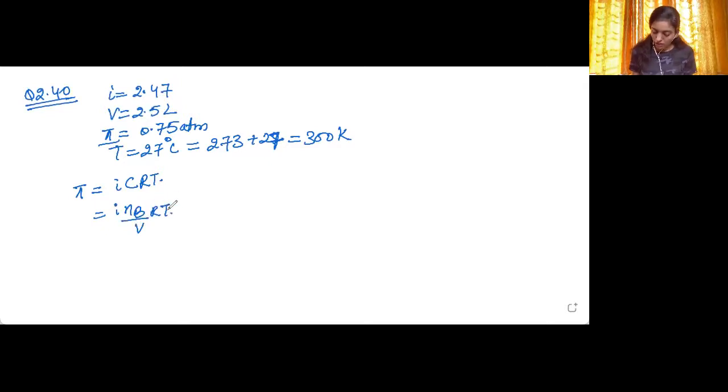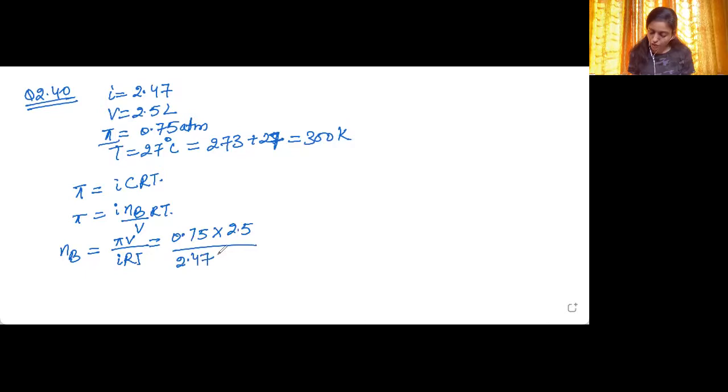First of all, we will be finding out the value for nB from this equation. So nB will be equal to pi V upon iRT. Value for pi is 0.75, value for V is 2.5 liter, value for i is 2.47. R you will be using 0.082 here because we need to see the units of pressure and volume we have been given, multiplied by 300.